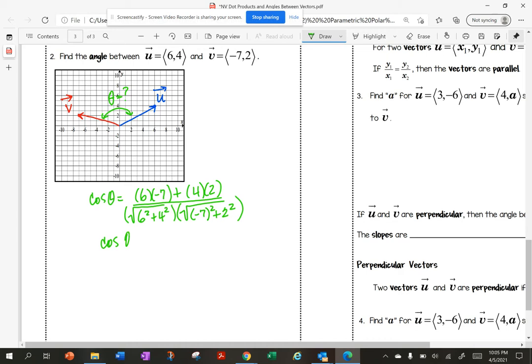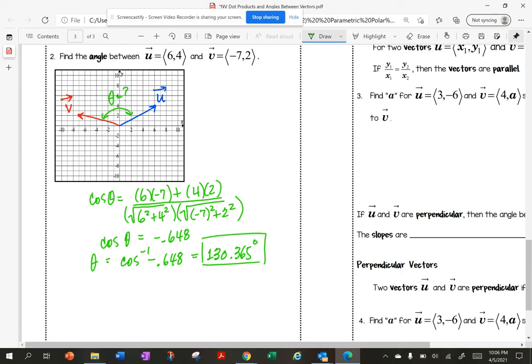So the cosine of theta equals -0.648. So my angle is the cosine inverse of negative 0.648, which turns out to be about 130.365 degrees.